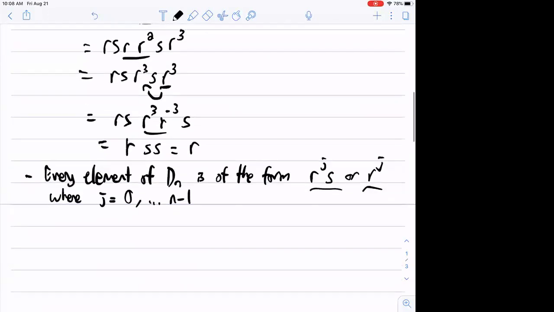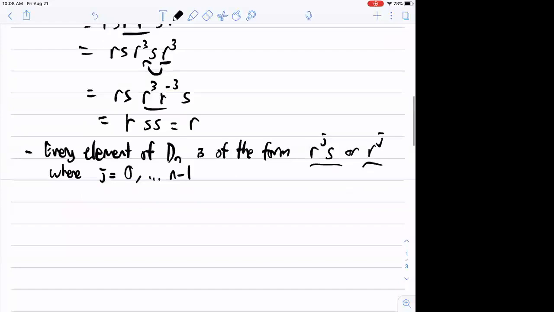And then for s, you either have an s or you don't. You can't have two s's because s squared is 1. Similarly, if you have 3 s's, that's the same as just having an s, because s cubed is s squared times s, and s squared is identity. Is everyone clear with that?